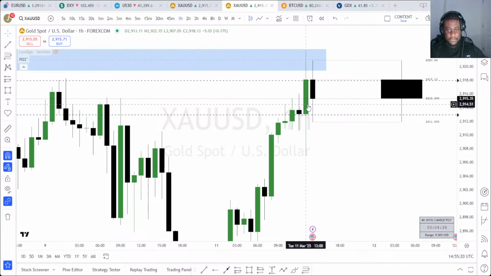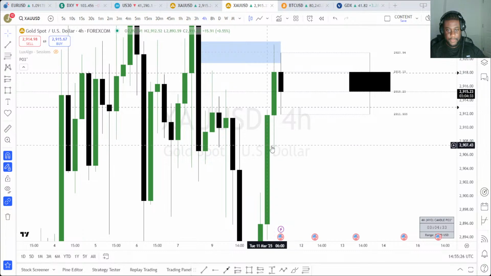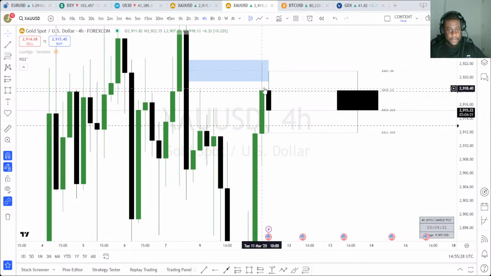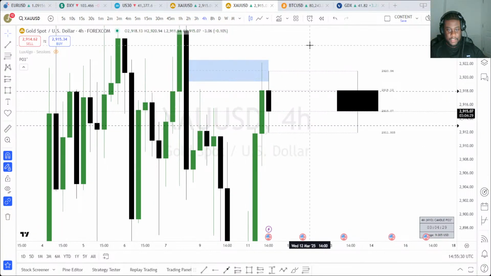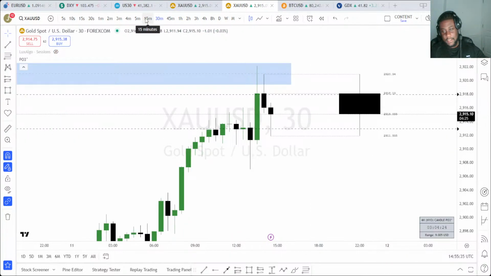If this is going to push up, we don't really want to see it take out this 4-hour candle's low. Ideally, we want to see it hold here. But whether a market does what you want it to do or does something completely different, it's not down to us. We're just gonna play it.